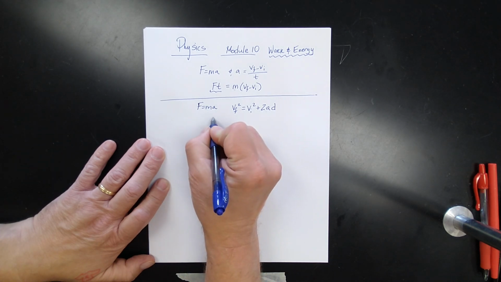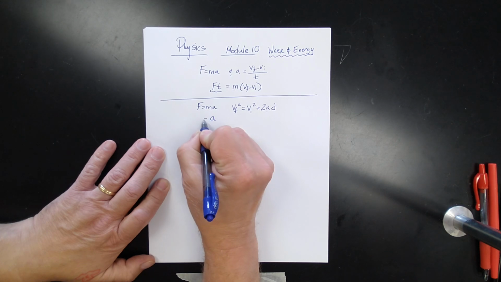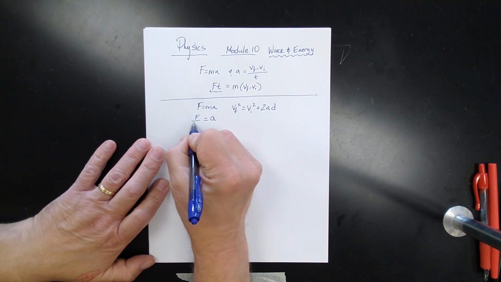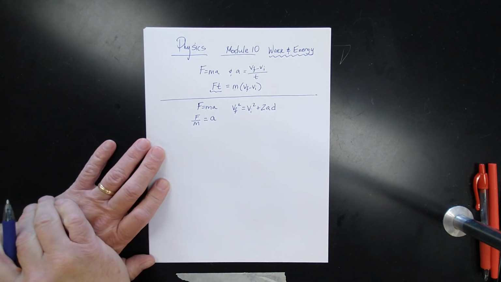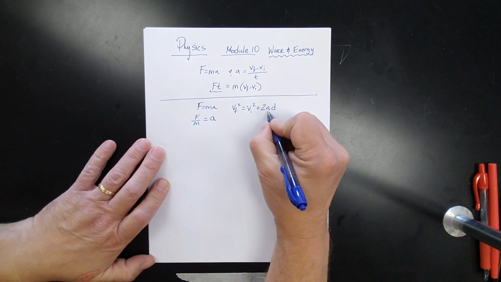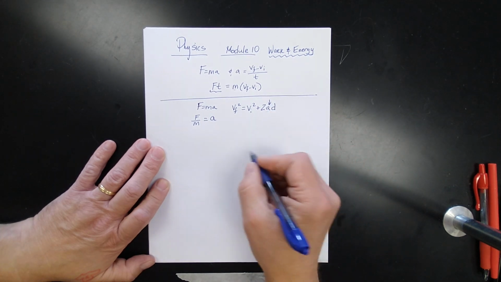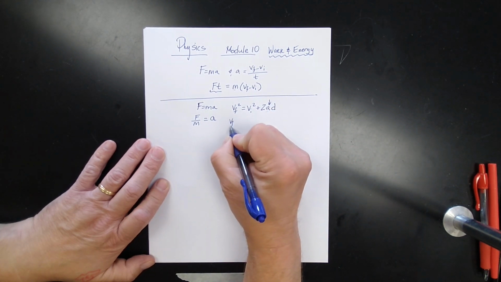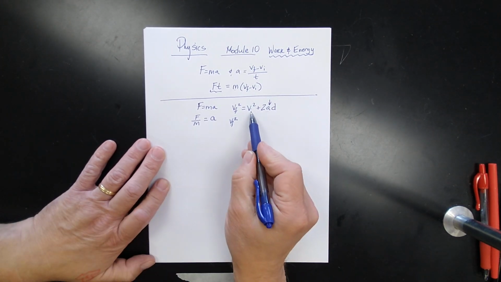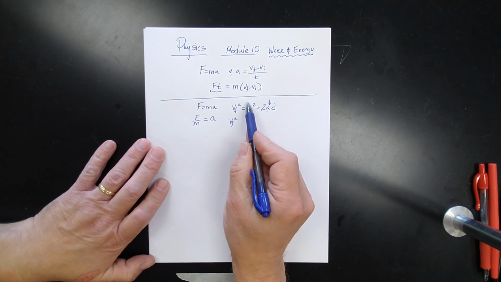So let's take Newton's second law, and if we divide both sides by m, we have F divided by m is equal to a. Let's plug that in right there. We're going to wind up with Vf squared. I'm going to take this Vi squared and move it to the other side.